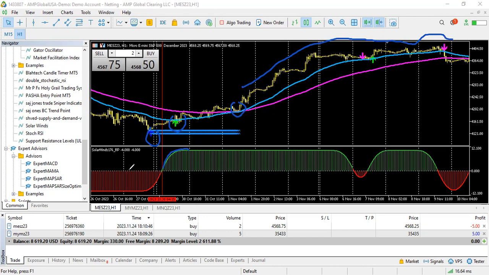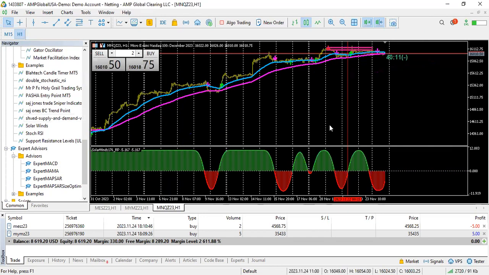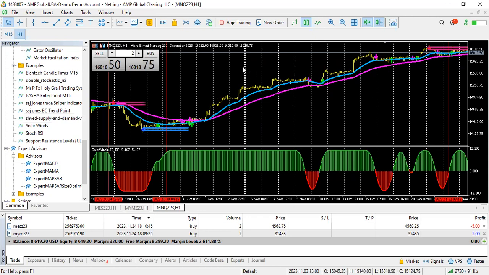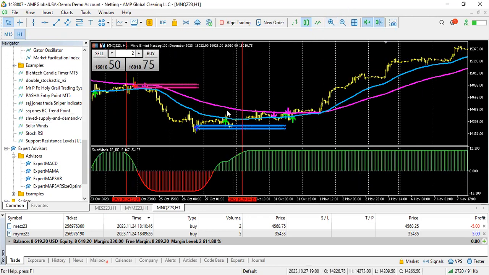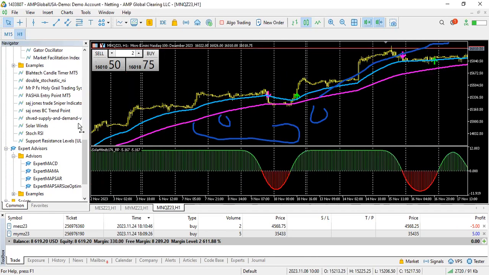Let's look at NAS. The NAS 100. Support, trend point, crossover, went up for days. Days on end, it's still going up.